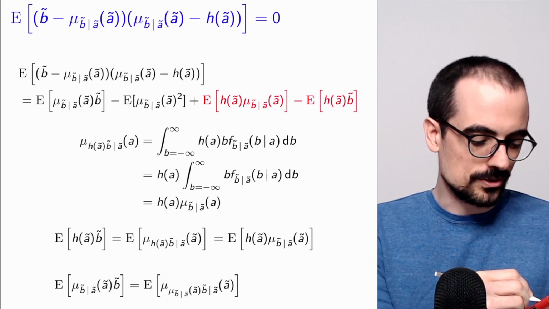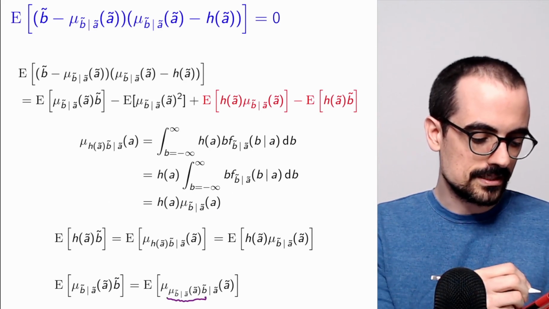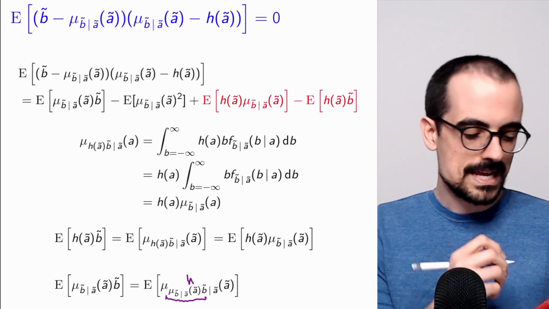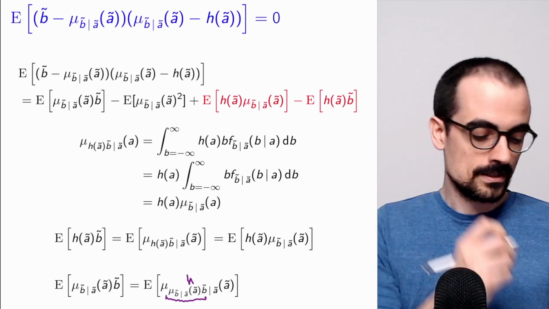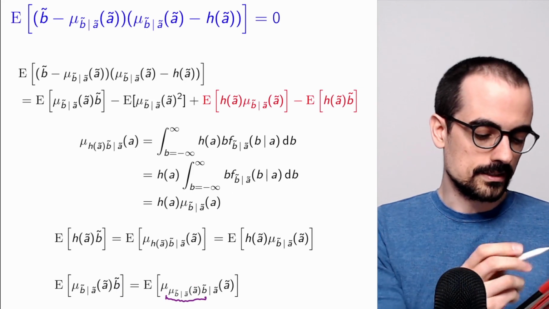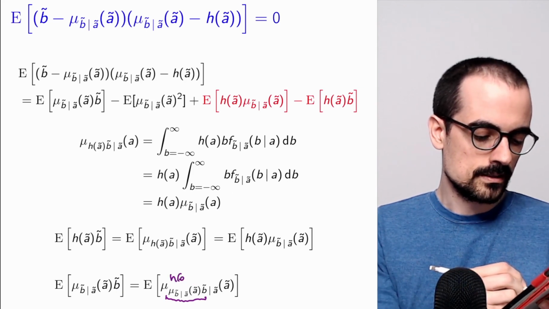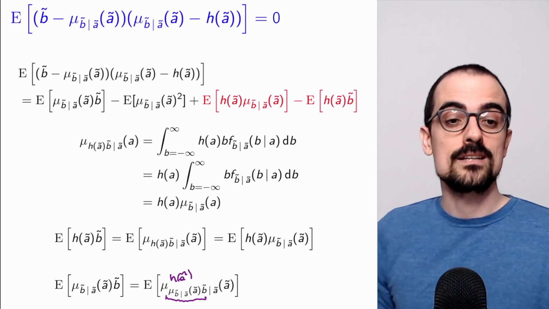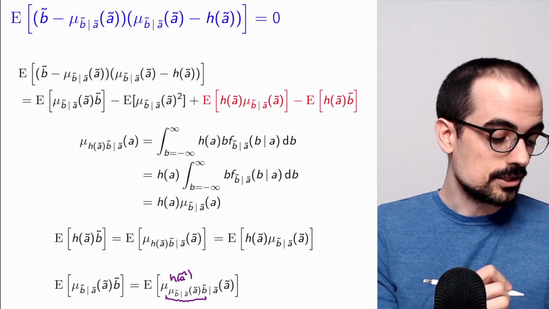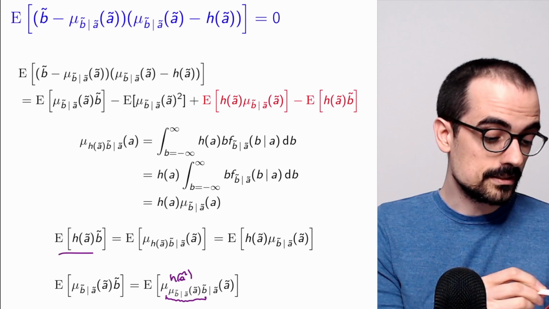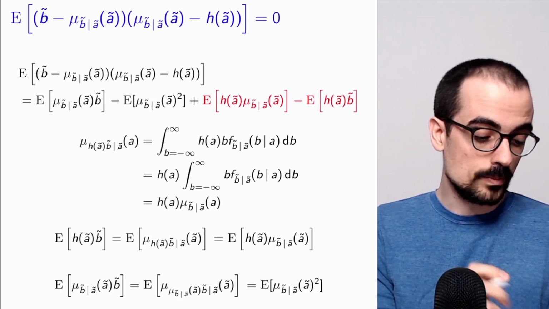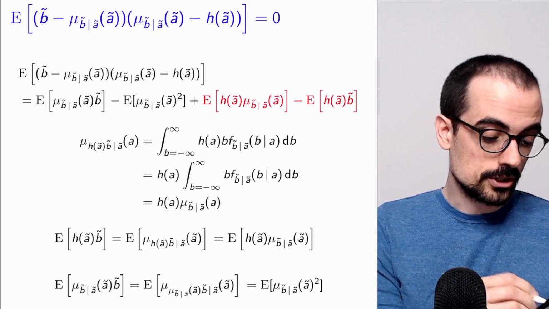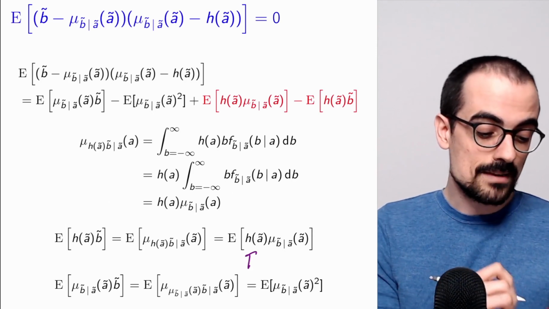This can get a little bit tricky, but let's just think of this as some kind of h(A) times B. You can do this because the conditional mean function is a function of A, and then, because of this identity, we know that this is going to be equal to the expected value of that function, which is the conditional mean, times the conditional mean.